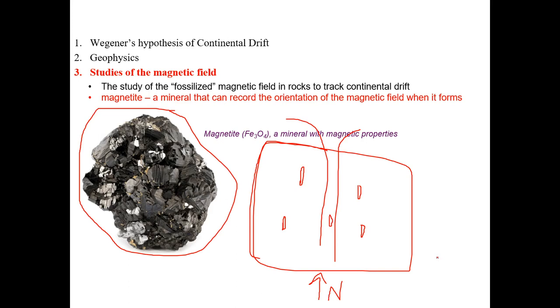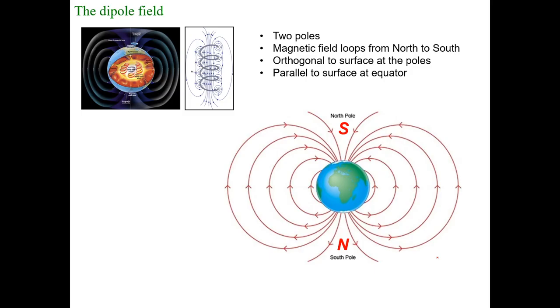So what ends up happening is that we have a record of Earth's magnetic field over Earth's history. Okay, that's really useful because that can tell us what the direction of magnetic north was at the time the rock formed. So what we find actually is that magnetic north has not always been in the same place as it is now.